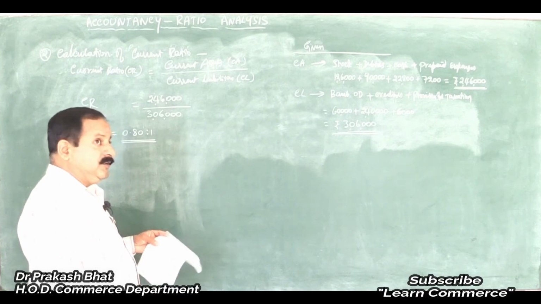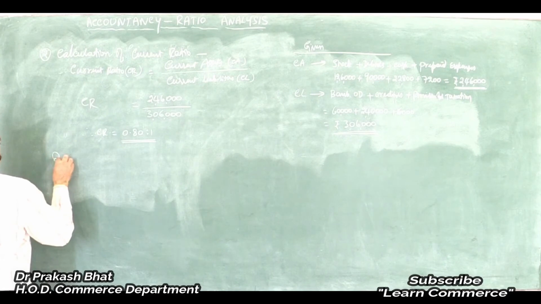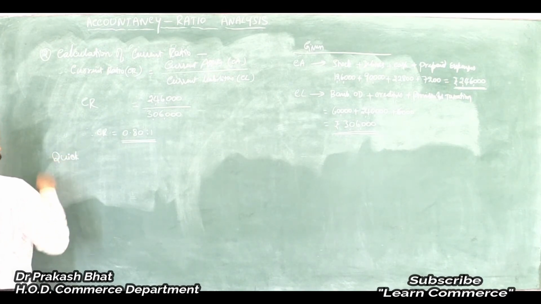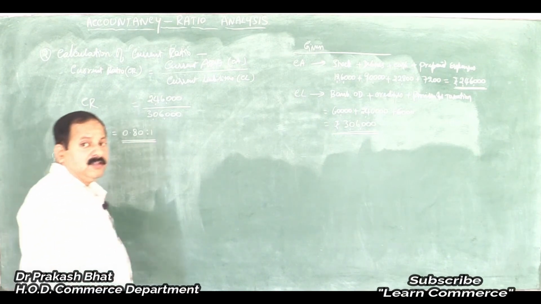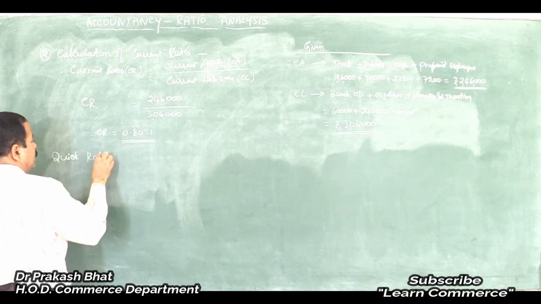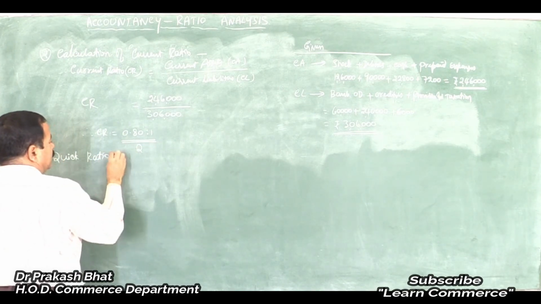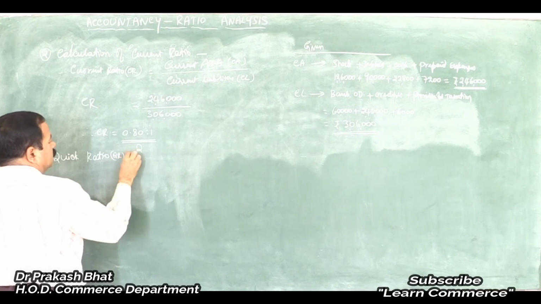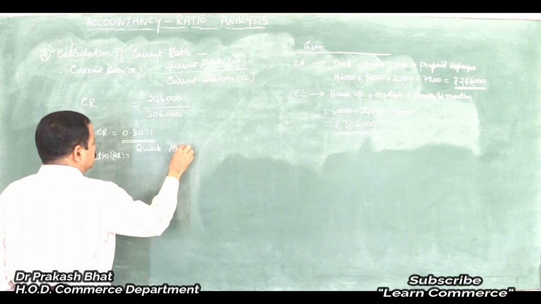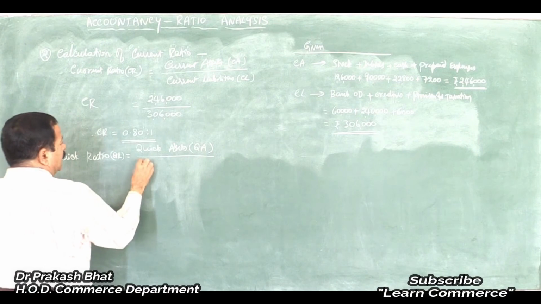Yes. Now next one is they also told us to calculate quick ratio, or the other names liquid ratio or acid test ratio. Quick ratio is equal to, write the formula first. QR is equal to quick assets or liquid assets divided by current liabilities.